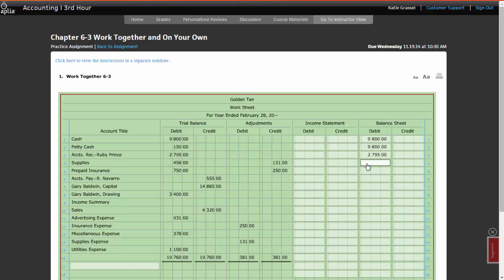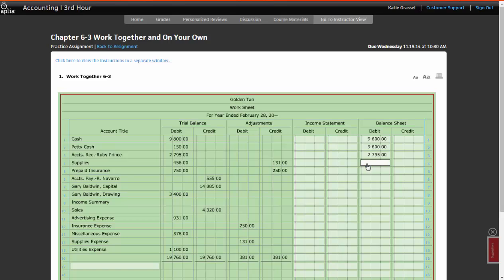Now, hold the horses. Supplies. I cannot put 456 for supplies in my balance sheet column. Why? We made an adjustment. So what do I need to do? I take 456. I subtract 131. I do not take 131. I have a debit here of 456, and I have a credit here of 131.